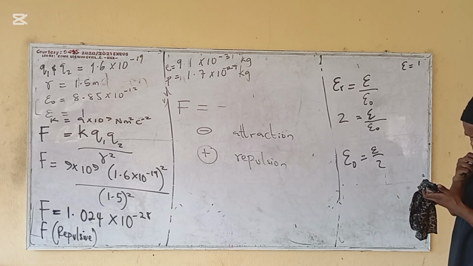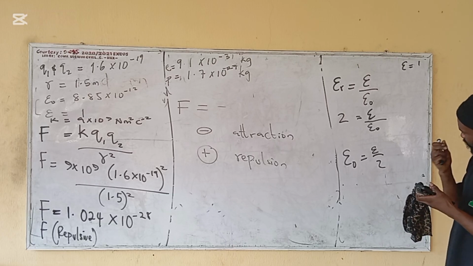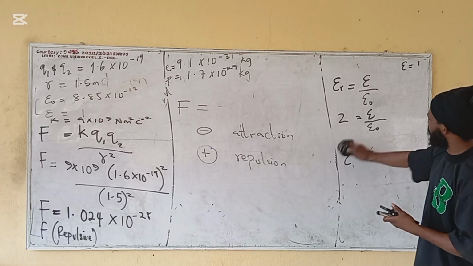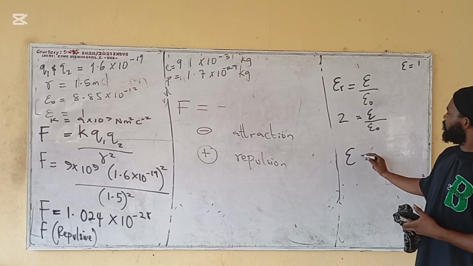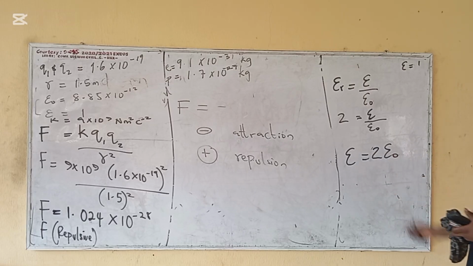So the dielectric constant here is 2. That's what it's saying. So if I make epsilon the subject of the formula, I should be having 2 epsilon naught. Check. That's what you wanted to show me. We'll use it.